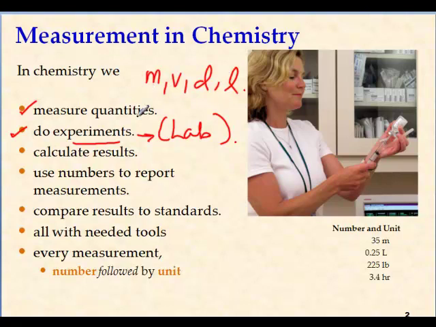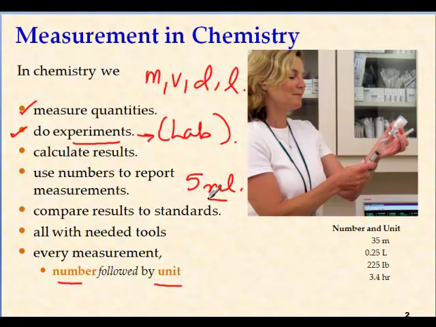And all of these have to be measured, and we will use what is called a number followed by a unit. For example, if I ask you to go and measure 5 ml of a liquid, then it should be written as 5, which is the number, and ml.